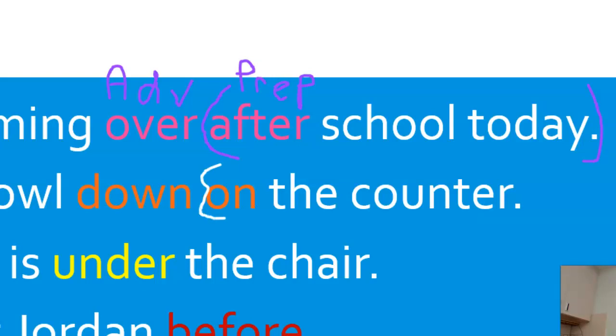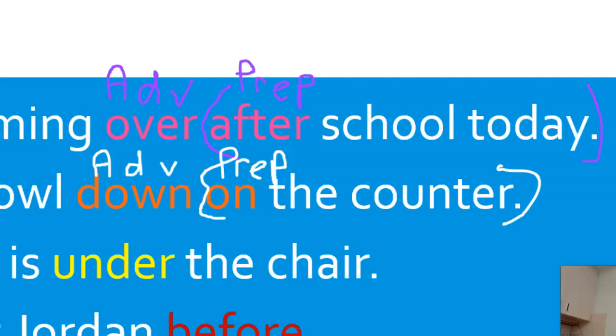So on the counter would be the prepositional phrase making on the preposition. Set that bowl down. We know that set is our verb. Set it where? Set it down, making down the adverb. Down becomes the adverb, answering where we set it.